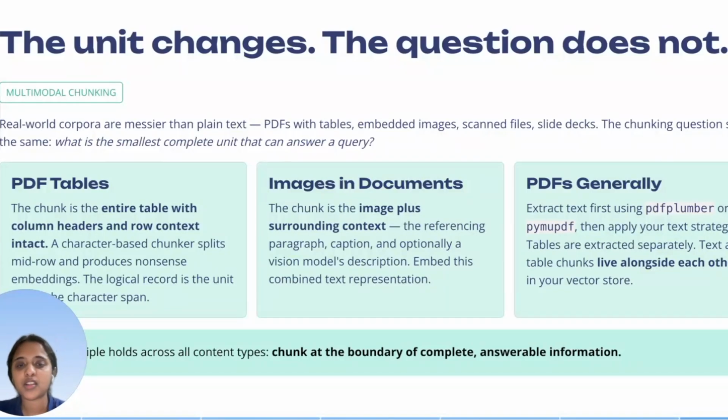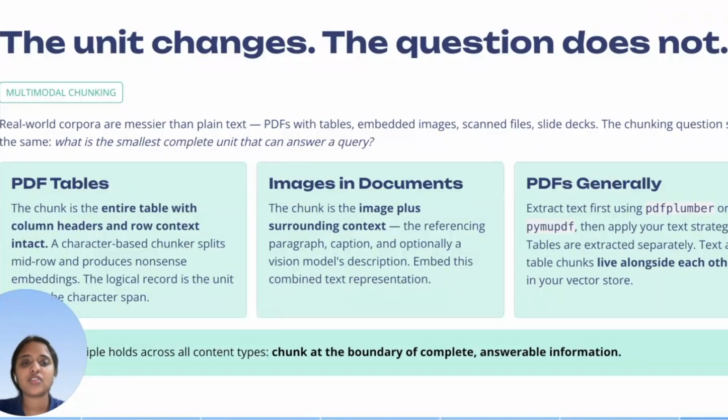Suppose we have images in documents; there are multiple image embedding models that we can make use of. So the chunk would be the image and the surrounding context would also be embedded with that. Say it's referencing a paragraph, caption, or a model's description. So we're going to embed with that.